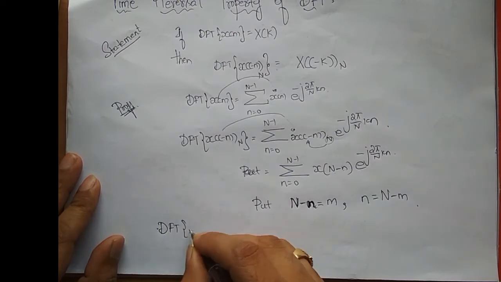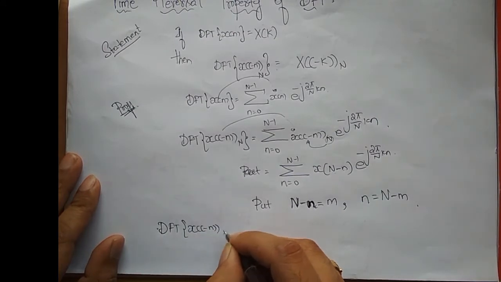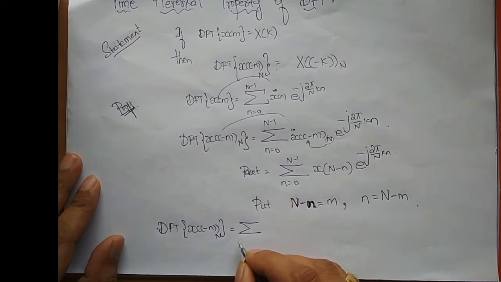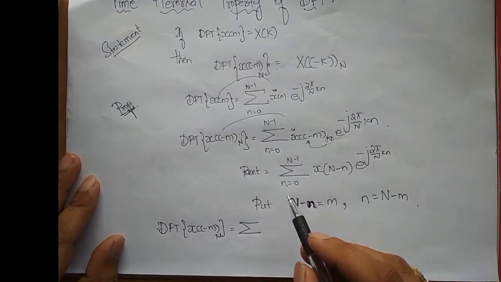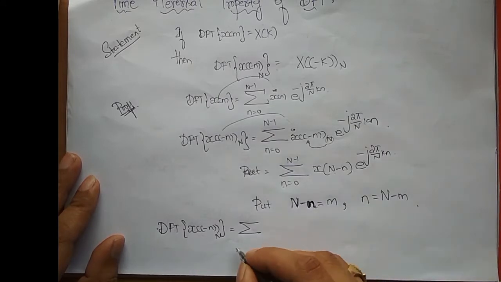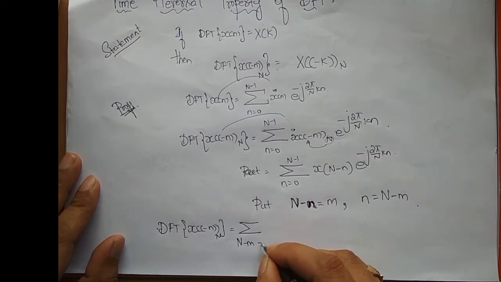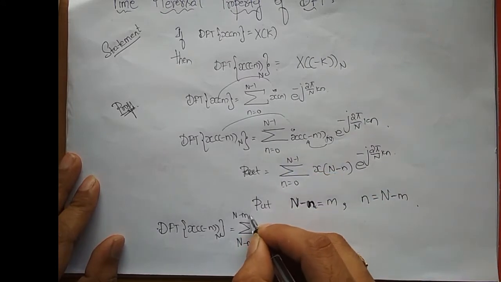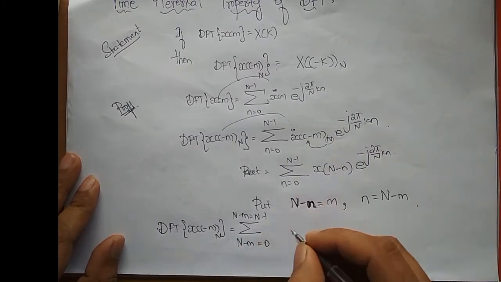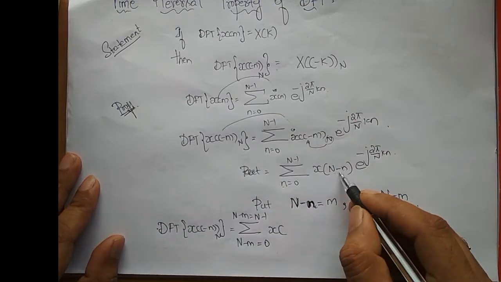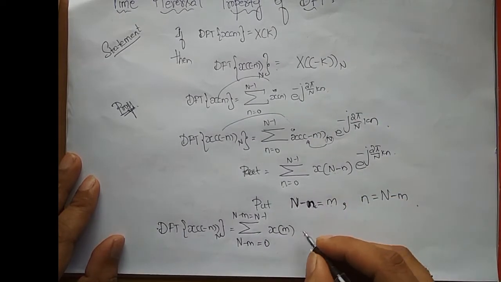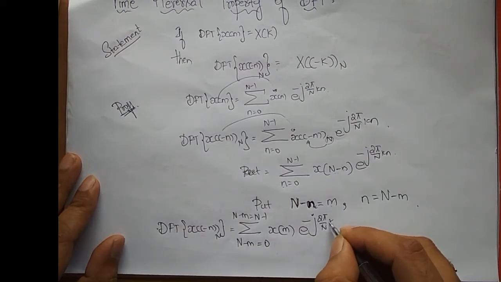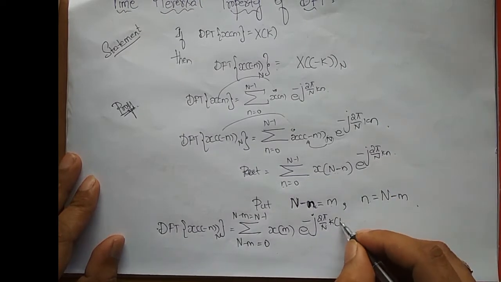DFT of x of minus n mod N is equal to summation, writing n as N minus m, so N minus m goes from 0 to N minus 1, x of N minus n, I am replacing it by m, into e power minus j 2 pi by N into k into n, where n is N minus m.